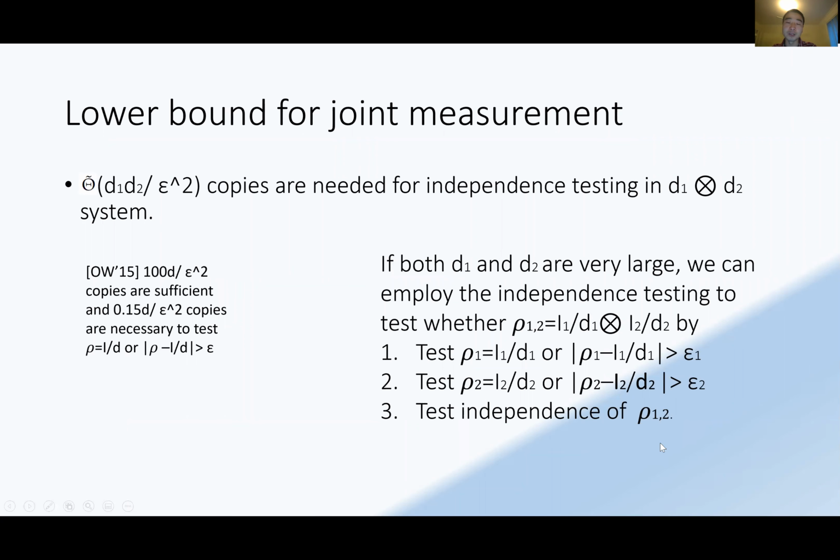Then we test the independence of rho 1, 2. By carefully choosing epsilon 1 and epsilon 2, we can reach the goal, but it does not work for large D1 and small D2 because step 1 and the maximum mix testing are at the same order.